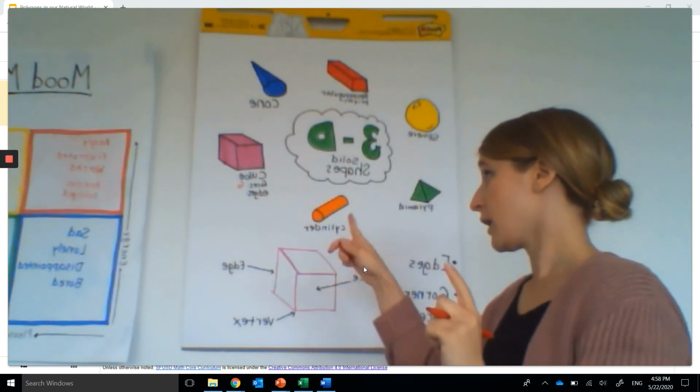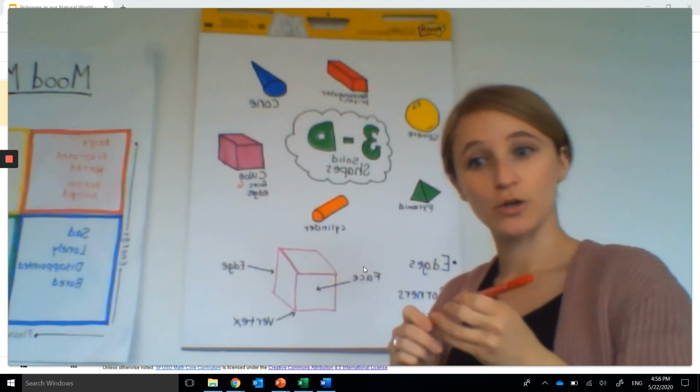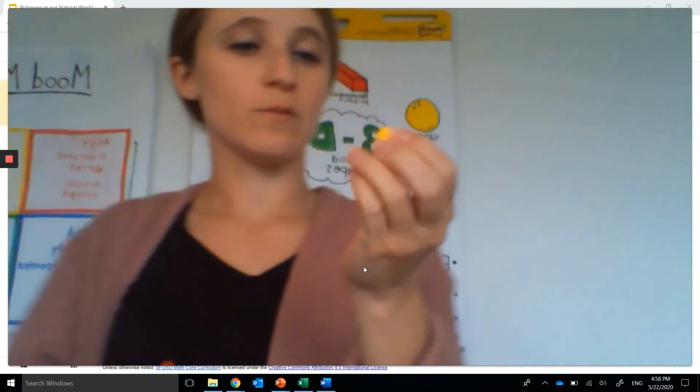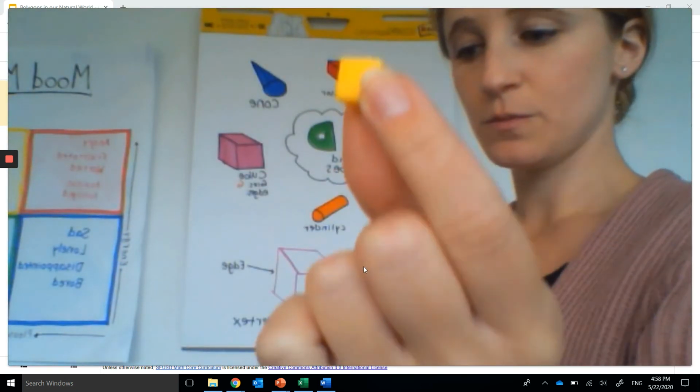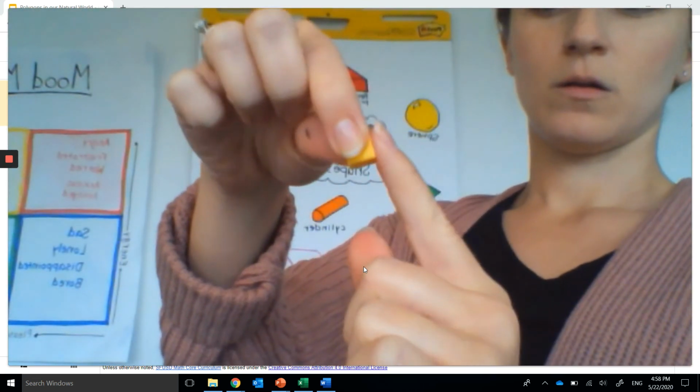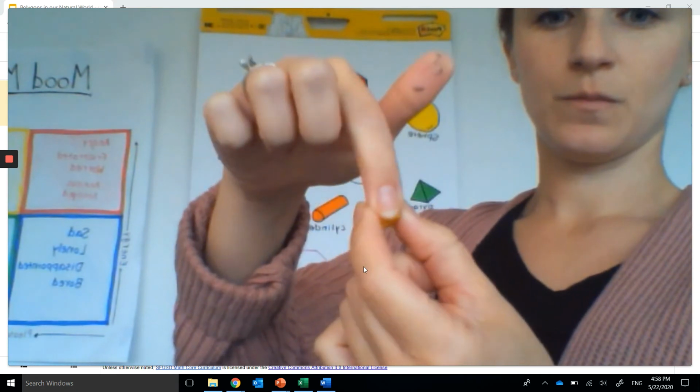I'm going to show you guys what a cube looks like actually. So a lot of you guys have probably seen these in your classroom. This is a type of cube. Each side is a face.